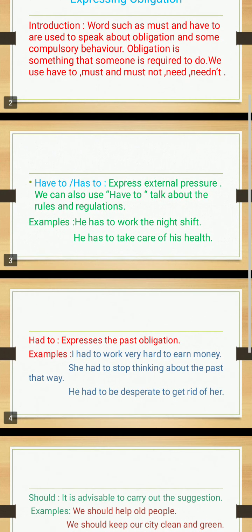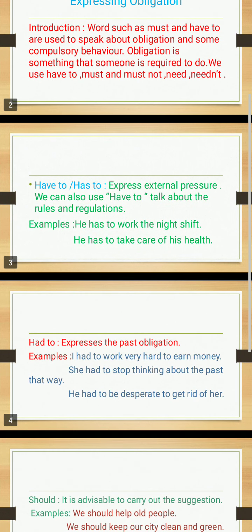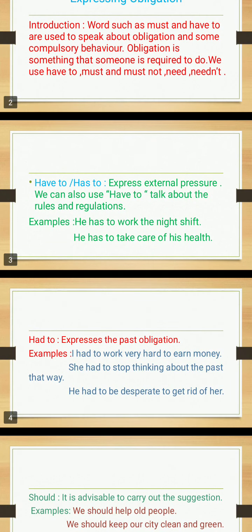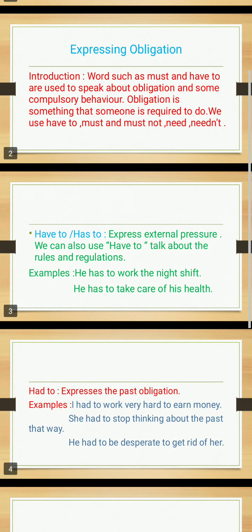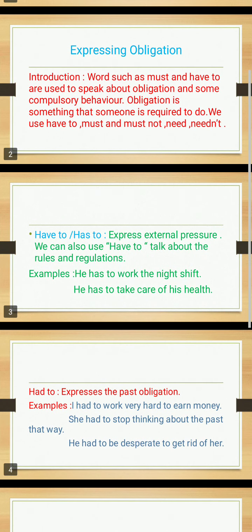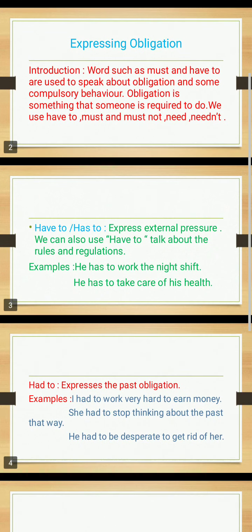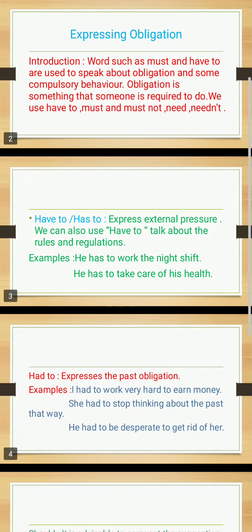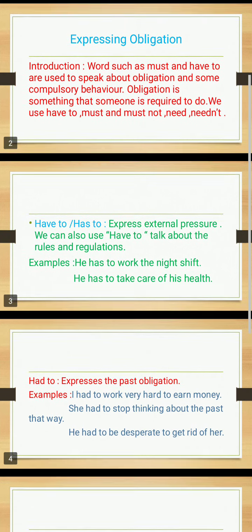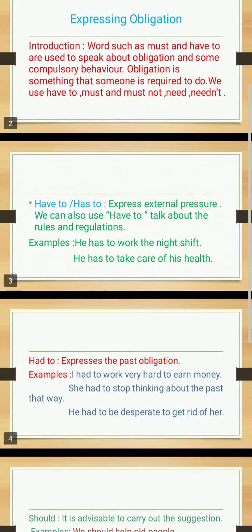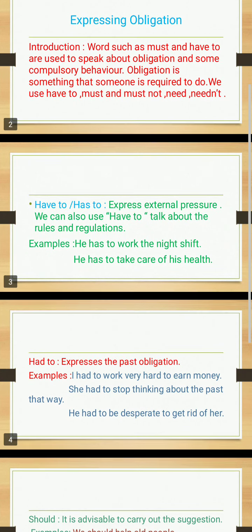Has to and have to imply external pressure. The second one is must, it implies compulsion, and the last one is should. It is used while giving suggestions for others to do something.